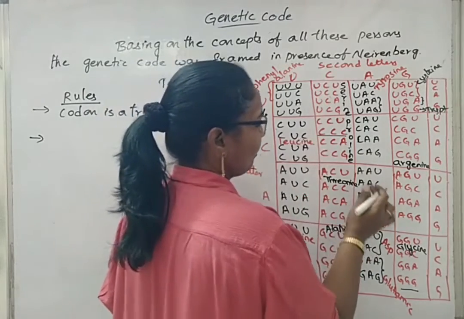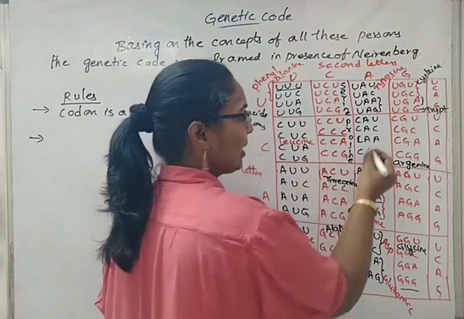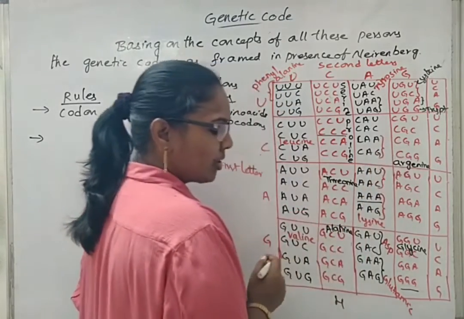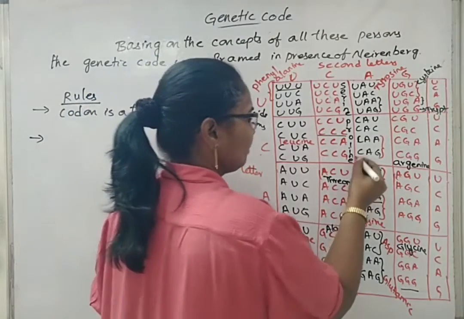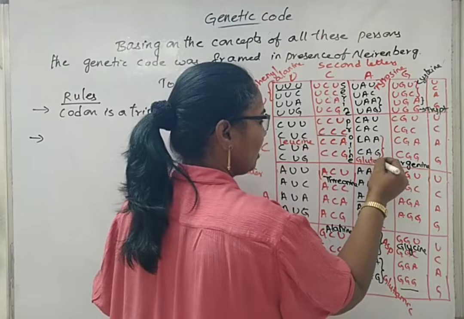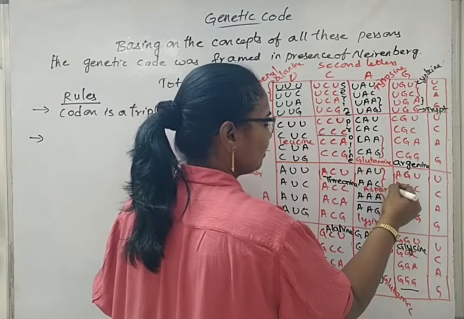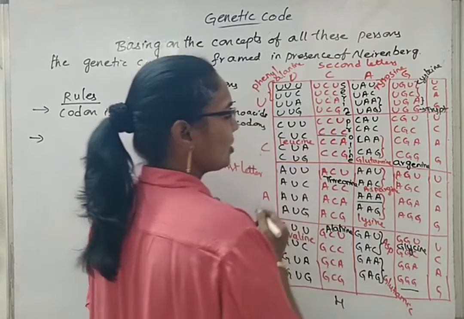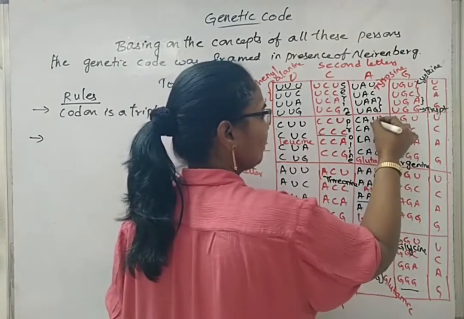Now, this codes for asparagine, and this also codes for glutamine. This is glutamine, and this is asparagine. And this codes for histidine.